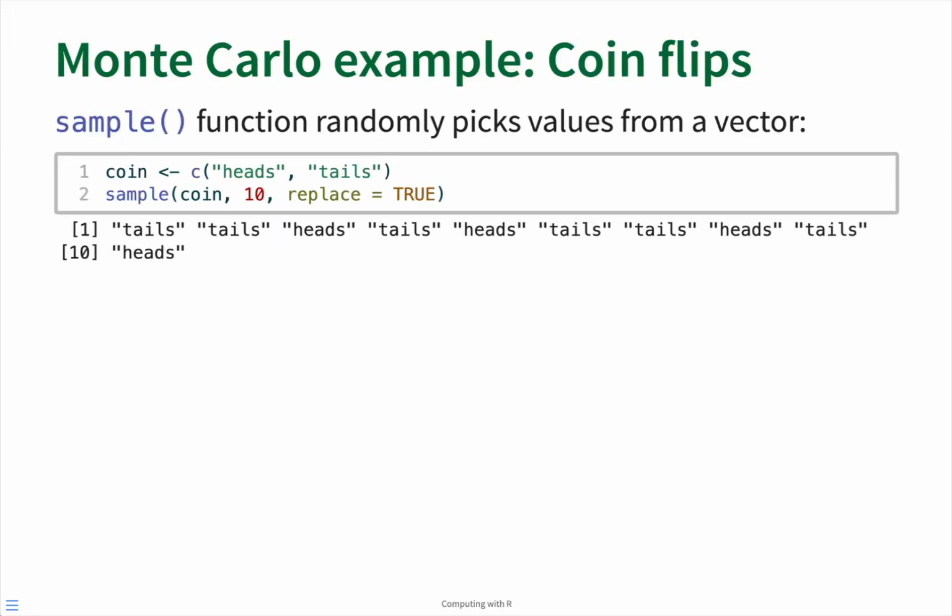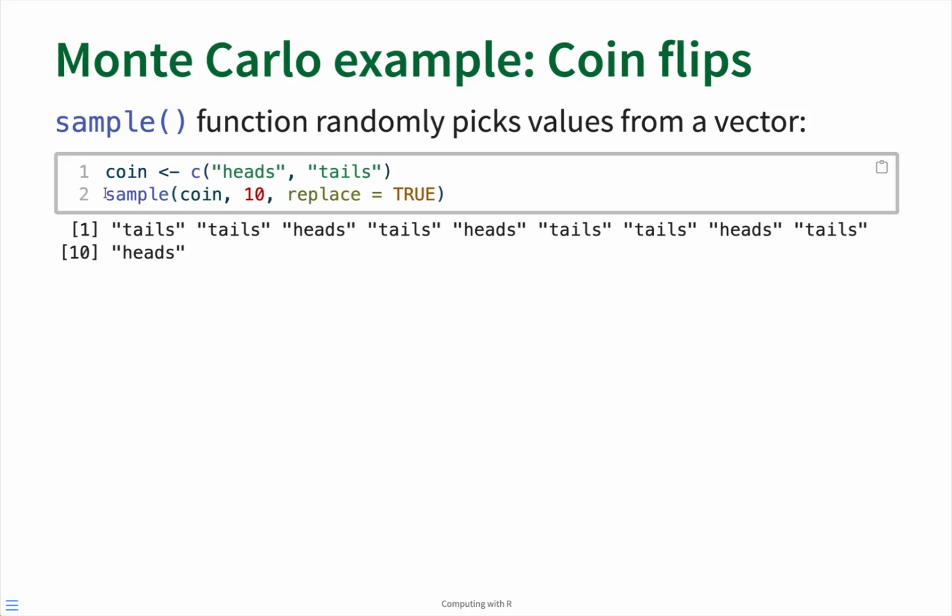So we talked about flipping a coin as an example of a Monte Carlo simulation, and here is how you might implement that in R. So we're going to use this function called sample, which randomly picks values from another vector. So if we have a vector called coin, which we define here on line 1, that has 2 values, heads and tails.